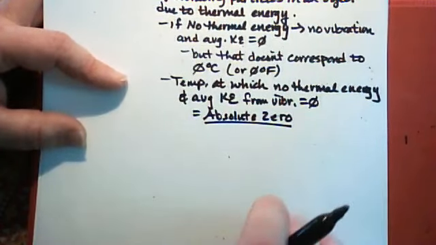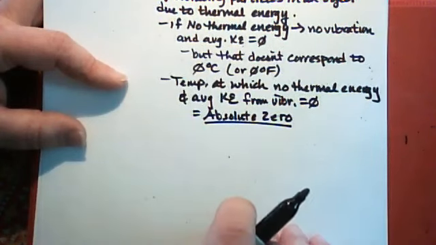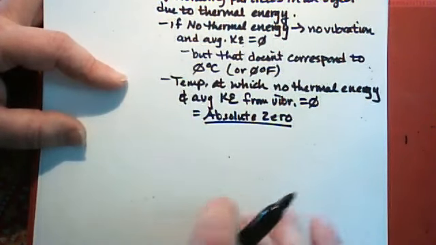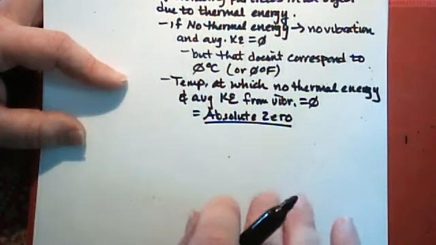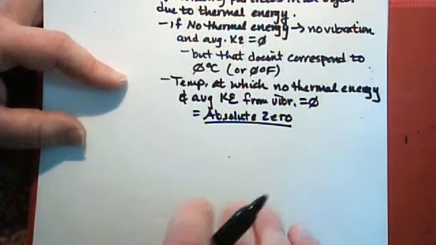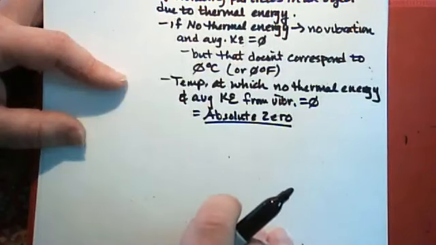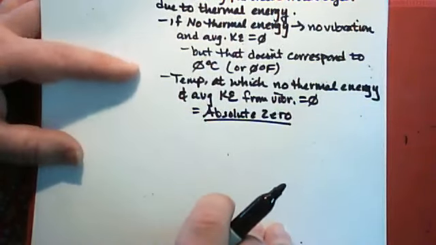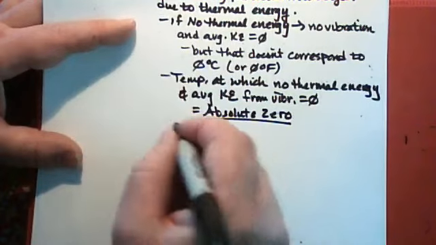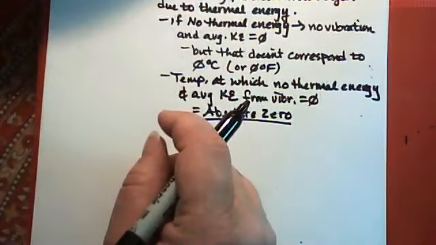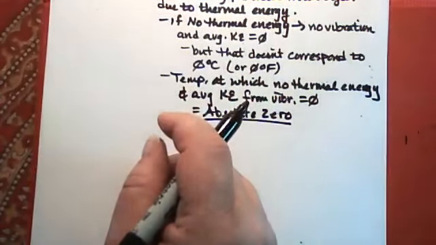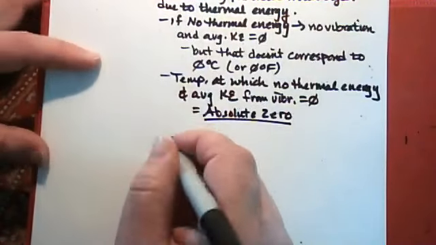It's the temperature at which the average kinetic energy of the particles in a sample would be 0. In other words, the temperature at which it's so cold that there is no thermal energy at all, and the particles in the sample are not even vibrating. And absolute 0 would correspond to 0 on the Kelvin scale.